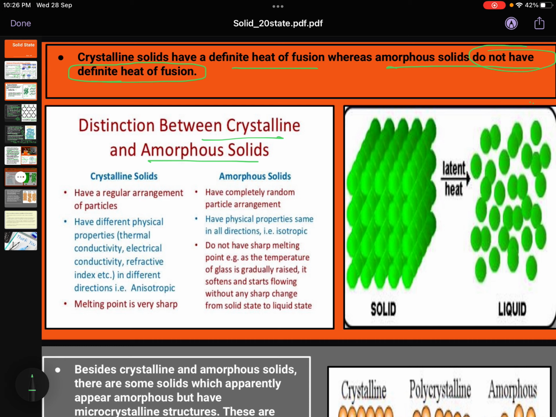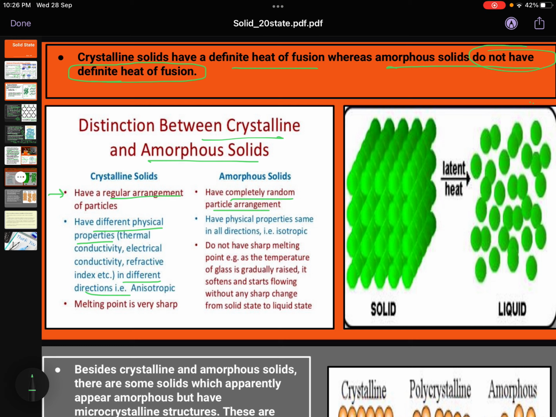We have already studied this. Let's revise once again. The crystalline solids have a regular arrangement of particles, whereas the amorphous are completely randomly arranged. Now, crystalline solids have different physical properties in different directions.